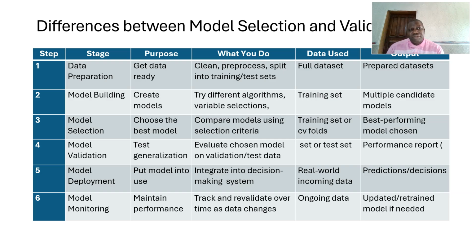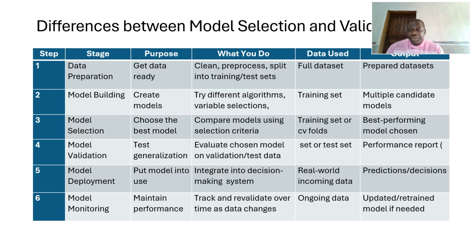We run our regression on what is called consistent data. To move your data from raw data to consistent data, you have to do some cleaning, pre-processing, validation, splitting your data into training data and test data, and carrying out some kind of validation. At the end of the day, the output will be the prepared data set, in which case we have the training data and then the test data.